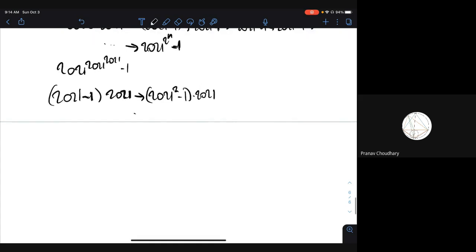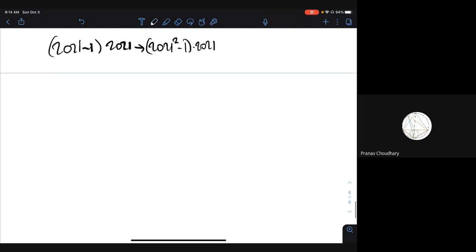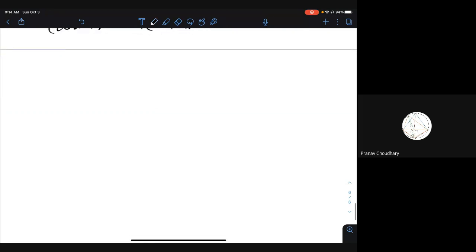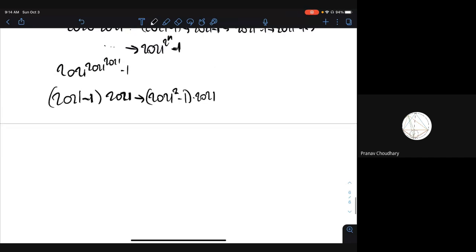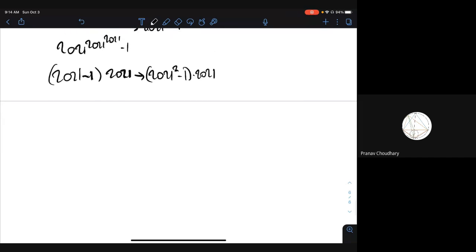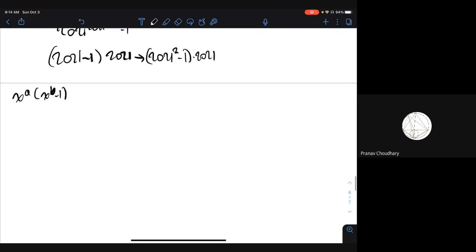And then this is equal to 2021 to the power of 3, or okay, that's actually not relevant. So we have to introduce some new notation for this. The notation will make it a little bit easier to understand. So say that we have x to the a times x to the b minus 1 for some x. Then I'll show how to increase the a and the b.